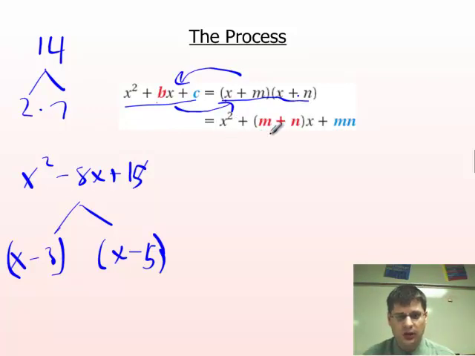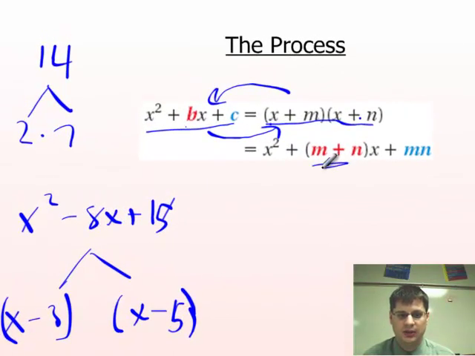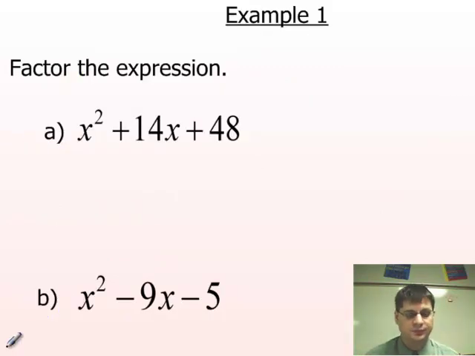And as we can see here, remember when we multiply it together, the m and n terms, the two constants in our binomial, are added together for the middle term and then multiplied together for our constant in our trinomial. So keeping that in mind, we want to factor this expression.